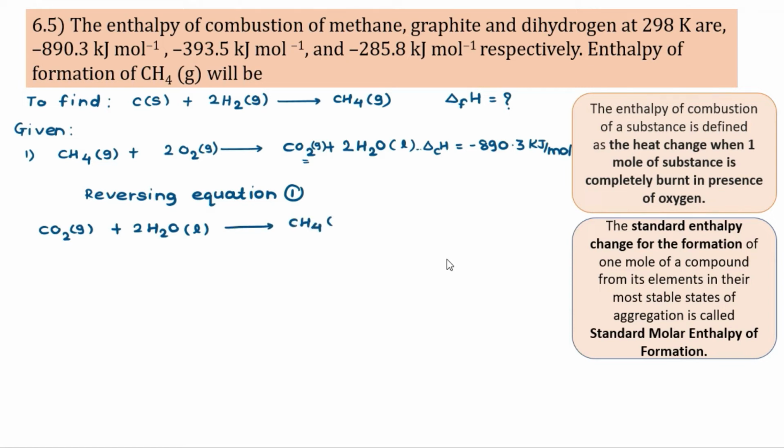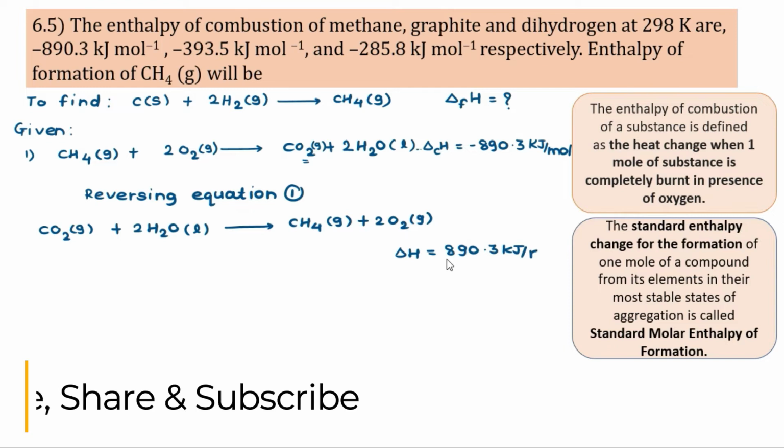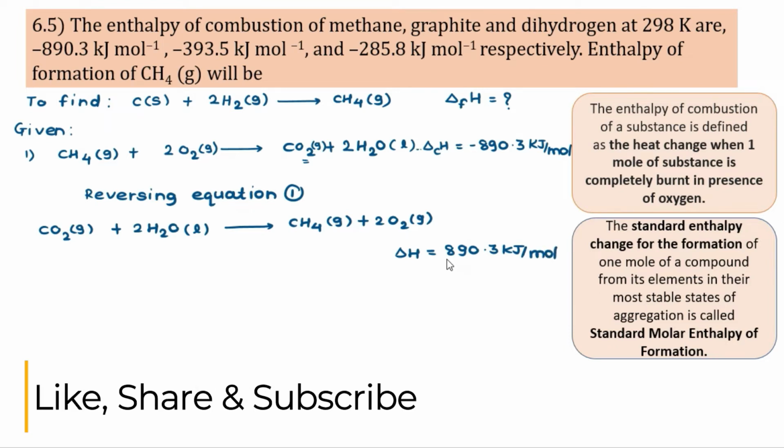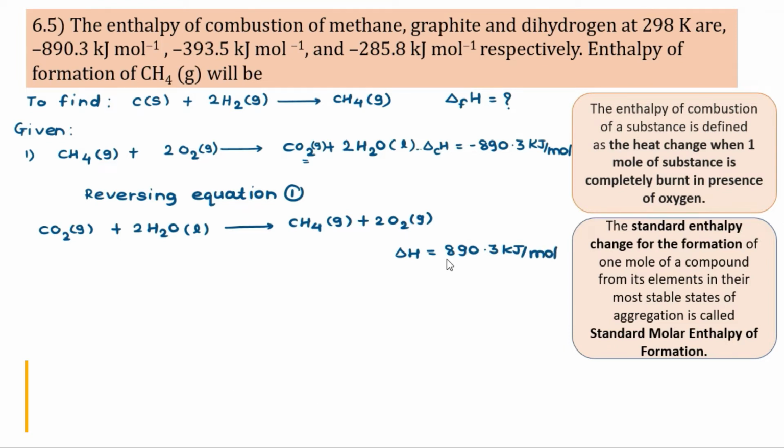So equation 1 now comes out to be like this. As I reverse this equation, the sign of delta H will reverse and it will become plus 890.3 kilojoule per mole. This step is very important. I am writing this newly formed equation as equation 1 in Roman.